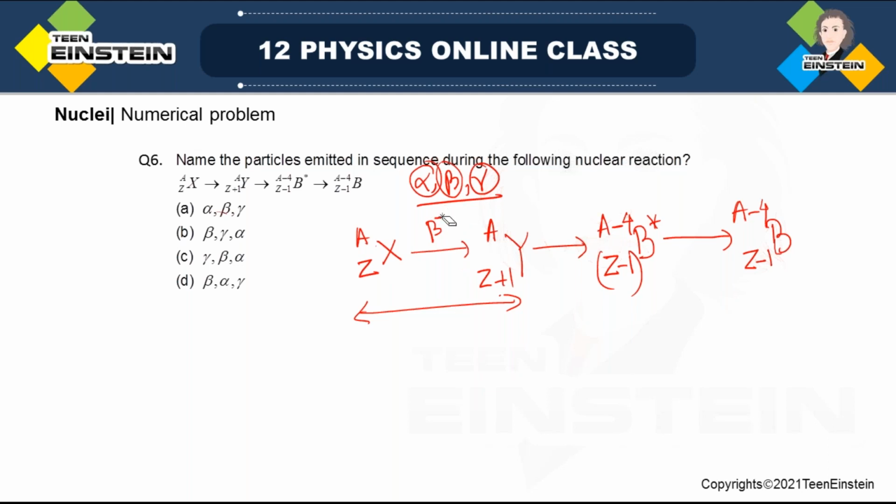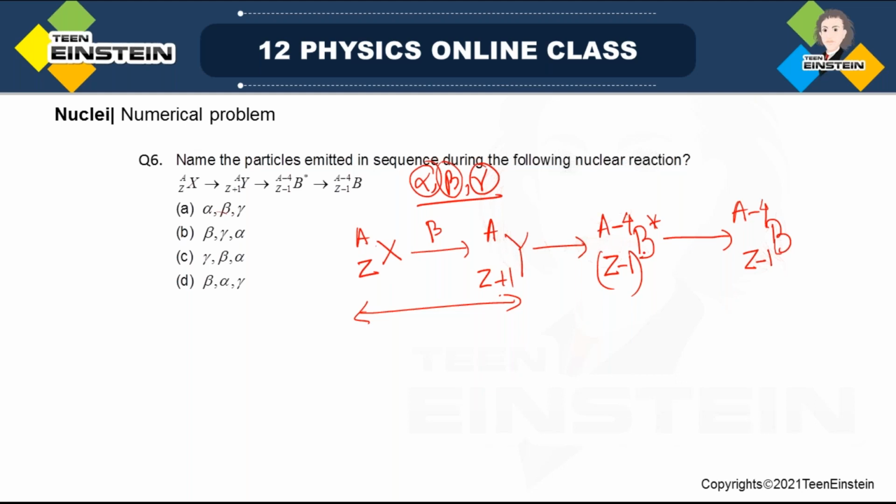This happens only for beta decay. For beta decay, mass number remains unchanged, but atomic number increases by 1, or effective charge of the nucleus is increased by 1. So this is beta decay.